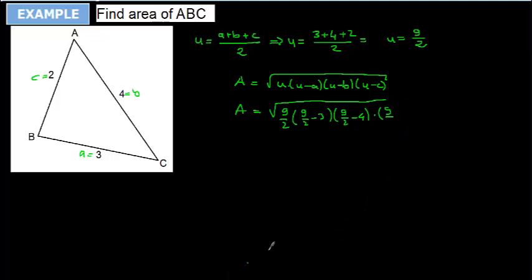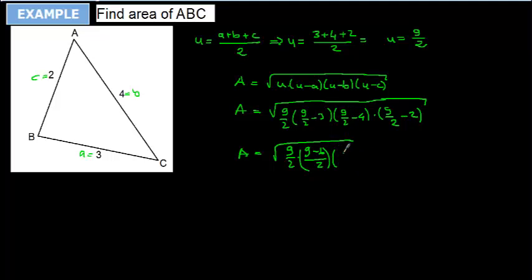Yes, 9 over 2 minus 2 is going to be. Okay, then 9 over 2 times 9 over 2 minus 3 here, 2 times minus 3, it's going to be equal to 9 minus 6 over 2.